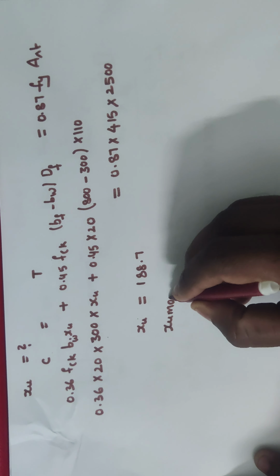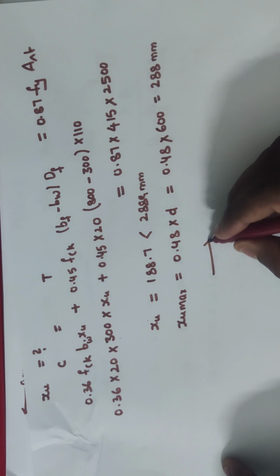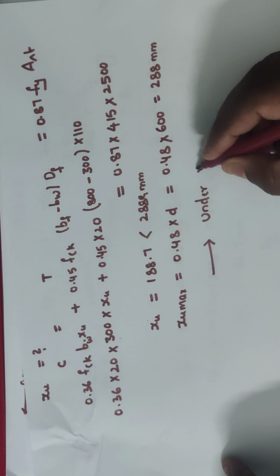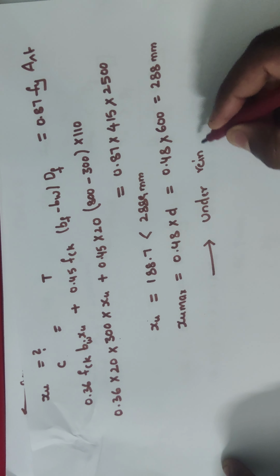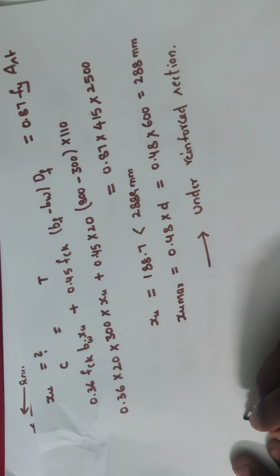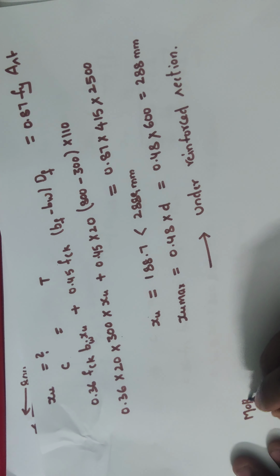XU is less than XU max means it is an under reinforced section. Right? Now we need to determine the moment of resistance.